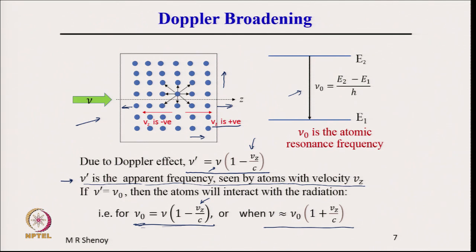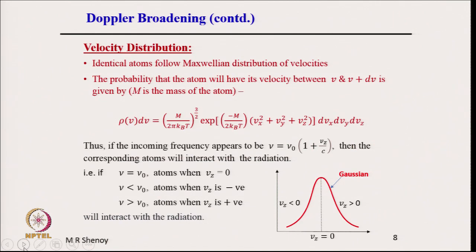Let us discuss this logically now. Before we proceed, first, what is the velocity distribution? If we consider identical atoms in a collection or in an atomic system, then they are given by the Maxwellian distribution of velocities.